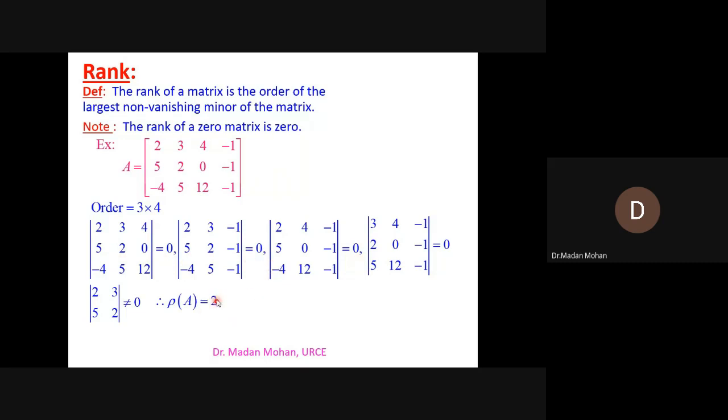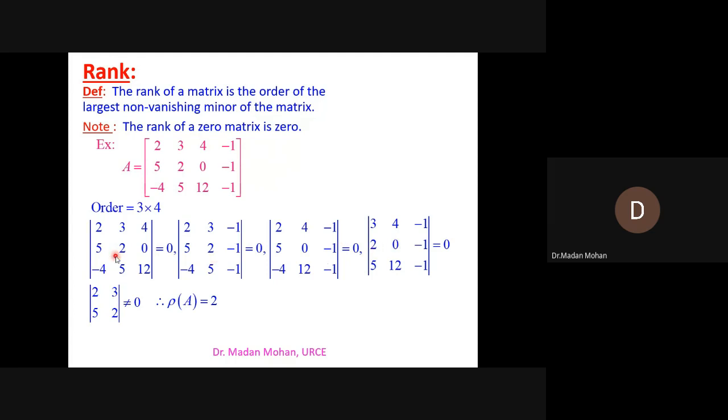A number R is said to be the rank of a matrix if it has at least one non-vanished minor of order R and all minors of order above R vanish. Above R means R plus 1 minors. When all R plus 1 minors vanish, automatically R plus 2, R plus 3 also vanish, because R plus 2 minors we express in terms of R plus 1.